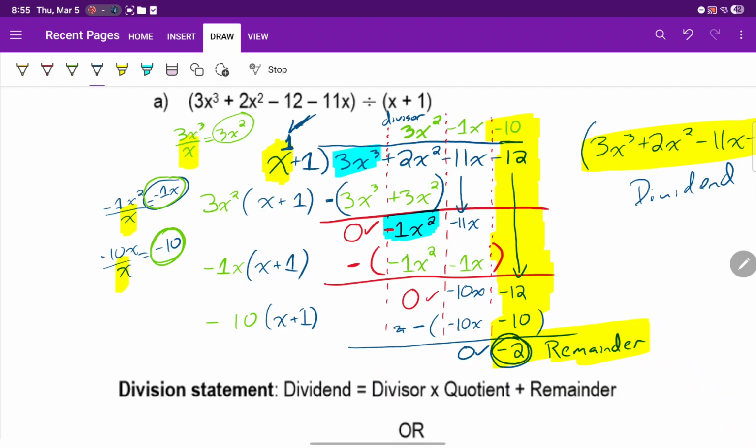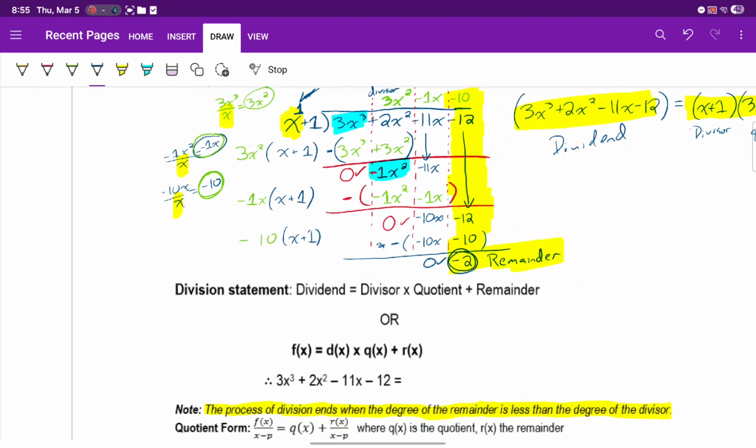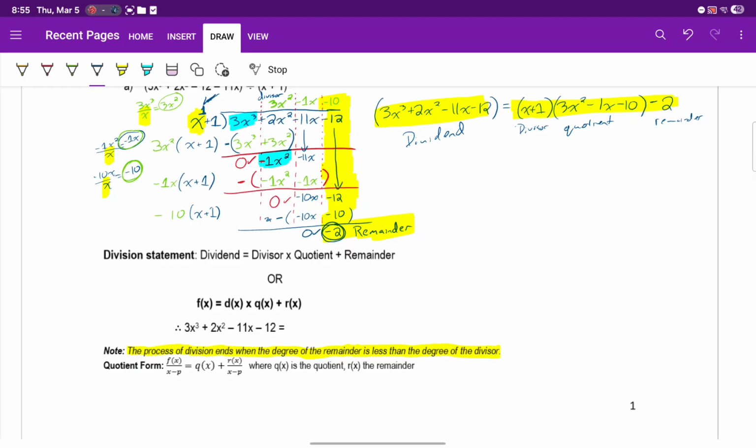And the degree of the remainder is just a constant term. There's no x there. So the degree of the remainder is 0. That also tells us that we're done. You don't really need to know quotient form here. We won't really be covering quotient form in this course. If you have a question about it, I can talk about that when I'm back, but we're going to skip that for now.